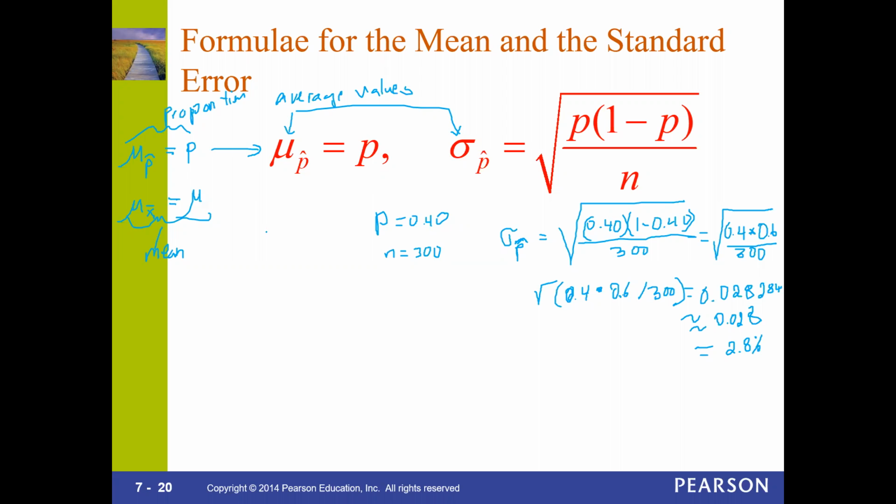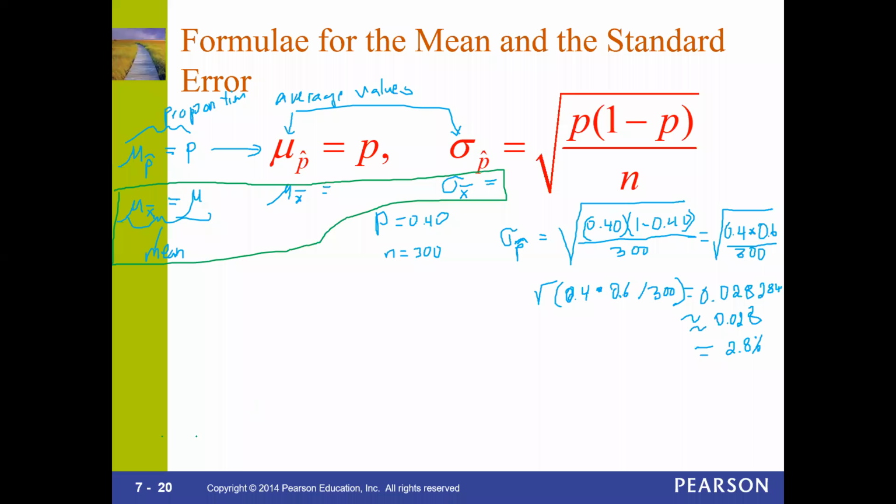If you have to do the mean, this will become mu x bar, and this one will be sigma x bar. There's a different formula for that. We will talk about it in the future, but not now, so we do not get confused. Just note that this is different. Now we're doing it for proportion.